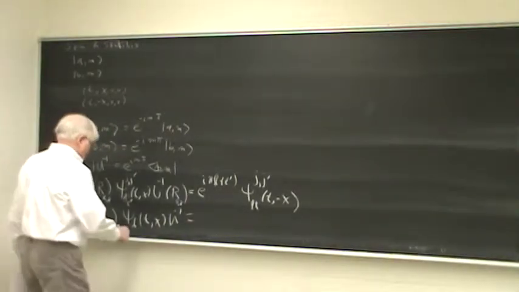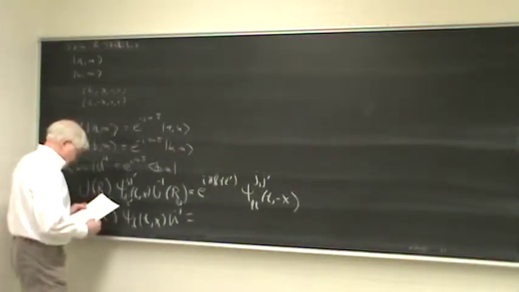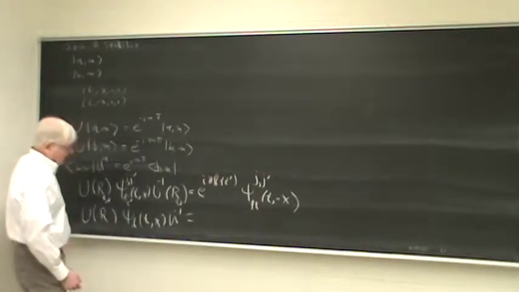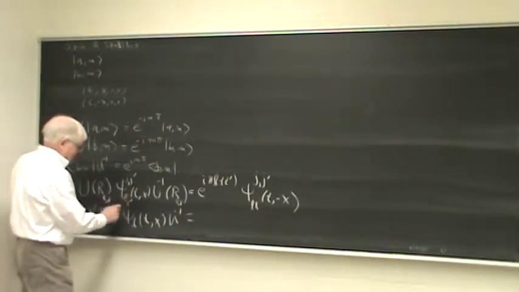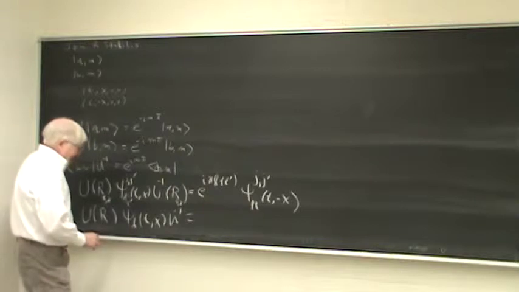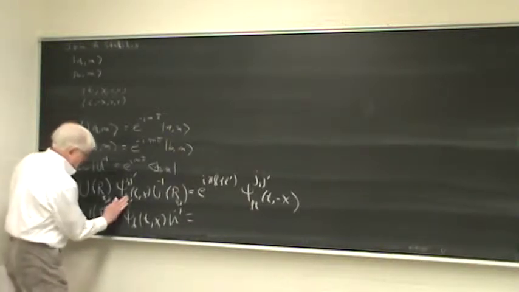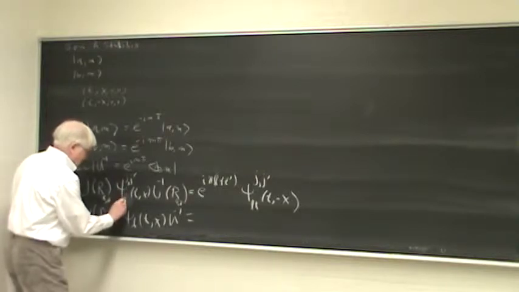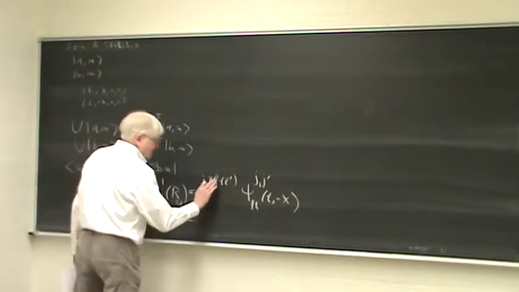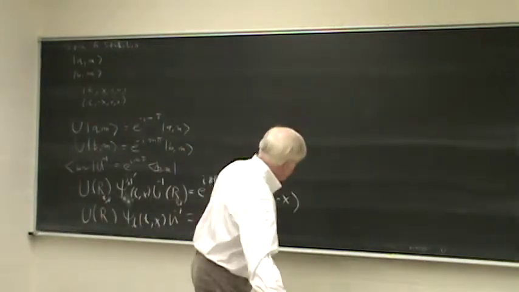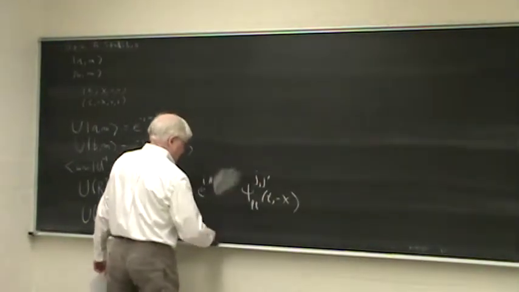I'm taking, well, let's see, what did I call it? I called it L. All right, I'm going to call this M prime. This would be M plus M prime.